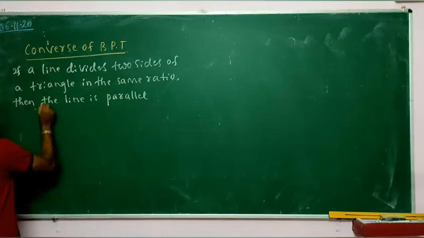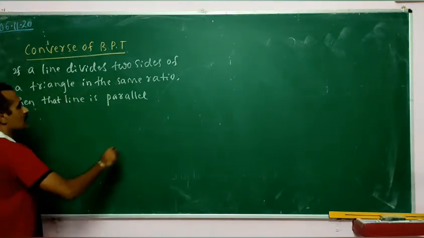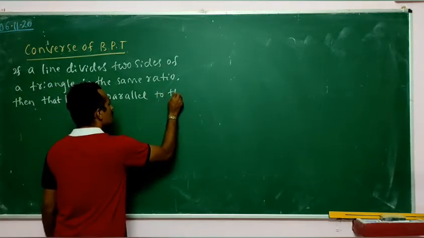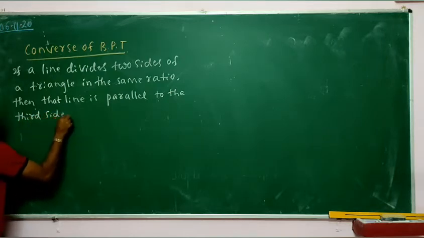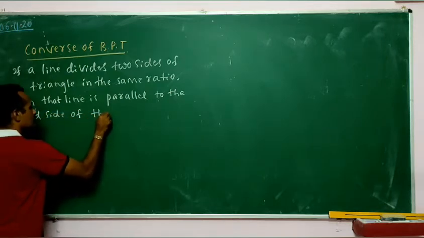Then we can say that the line is parallel to the third side of the triangle.